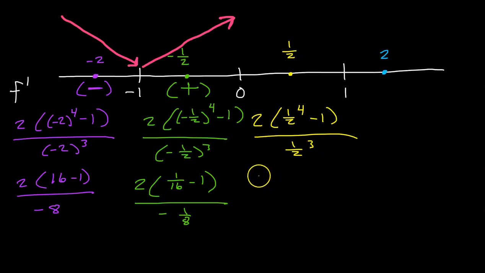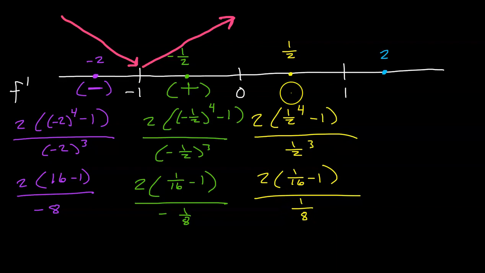So that's going to be 2 times 1/16 minus 1, and this is going to be positive 1/8. 1/16 minus 1 again is a negative number, so the numerator will be negative, but the denominator is now positive.